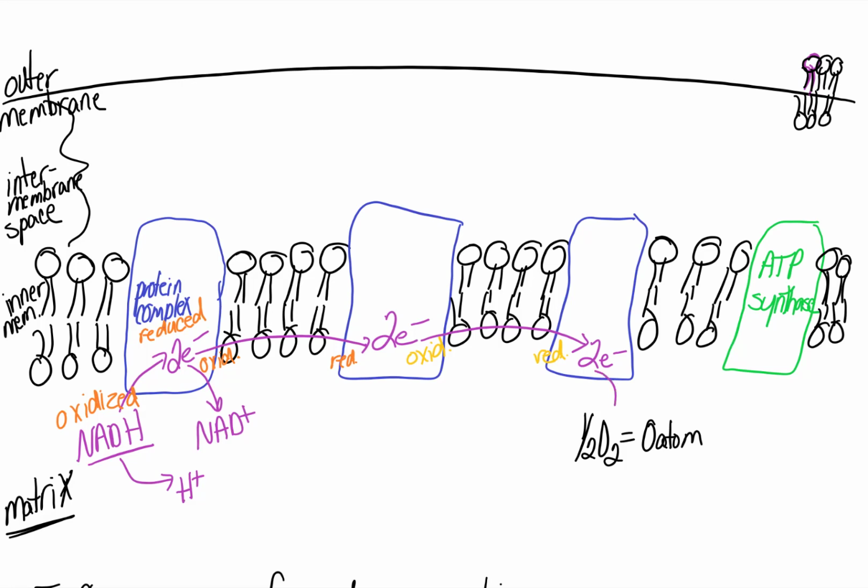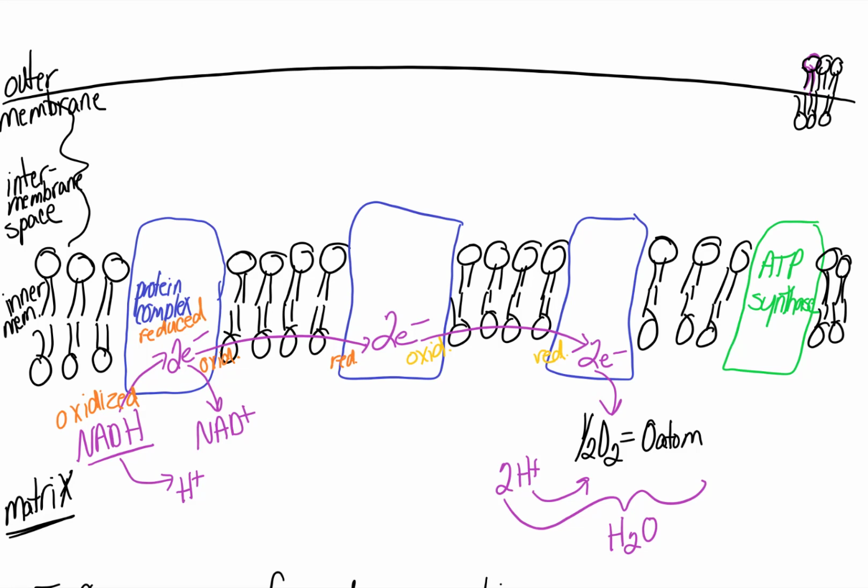When these 2 electrons are finally passed on to an oxygen atom, that oxygen atom can combine with 2 hydrogen ions that are present in the matrix to produce water, one of the low chemical energy products of cellular respiration.